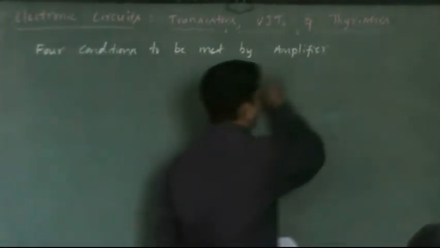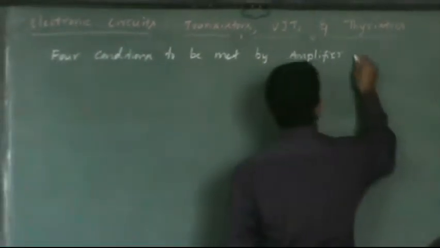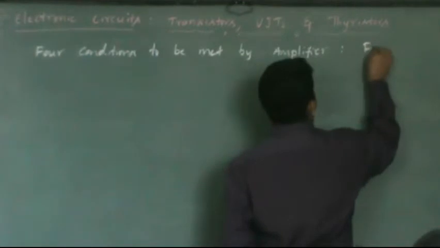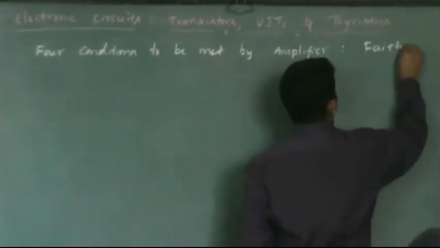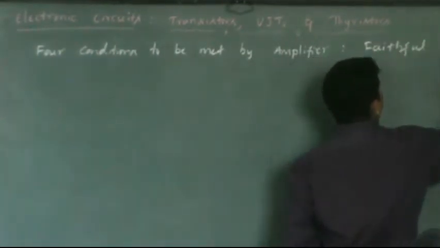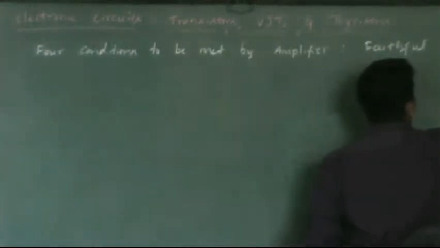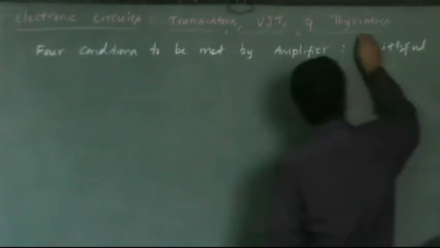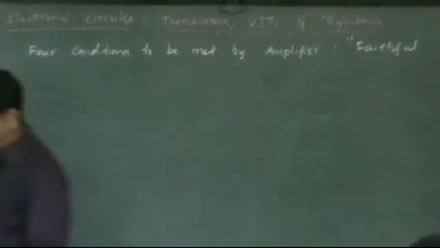If you satisfy the 4 conditions that I am going to list out here, the amplifier will do faithful amplification. In order to achieve faithful amplification, you must satisfy the 4 conditions I am going to mention.